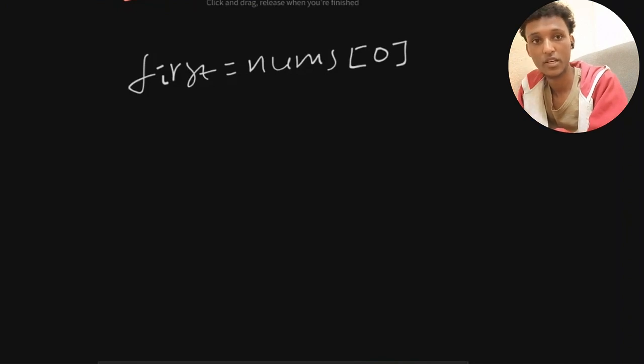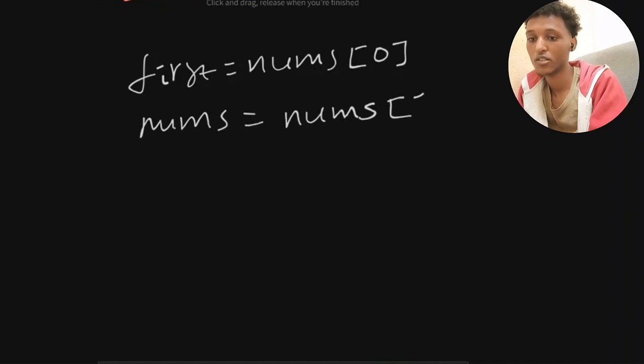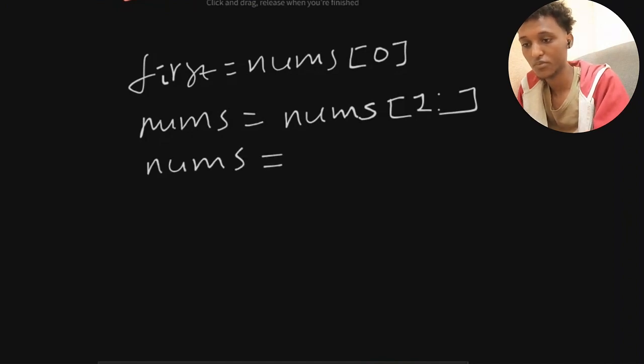First, let me remove the first element, since I have already stored it. So now nums is equal to nums from index 1 up until the end. Then I can sort this: nums is equal to nums.sort.